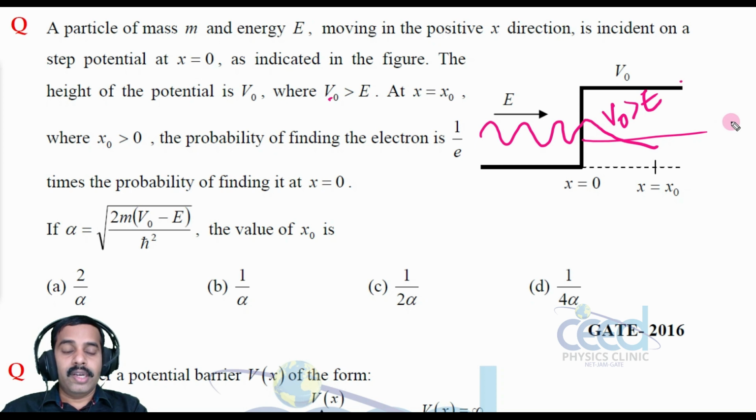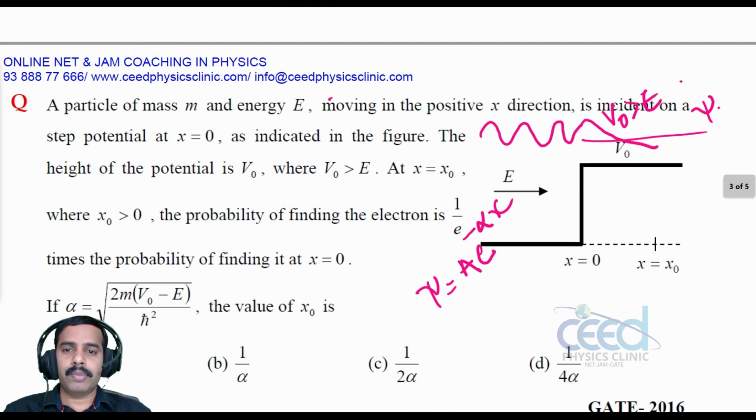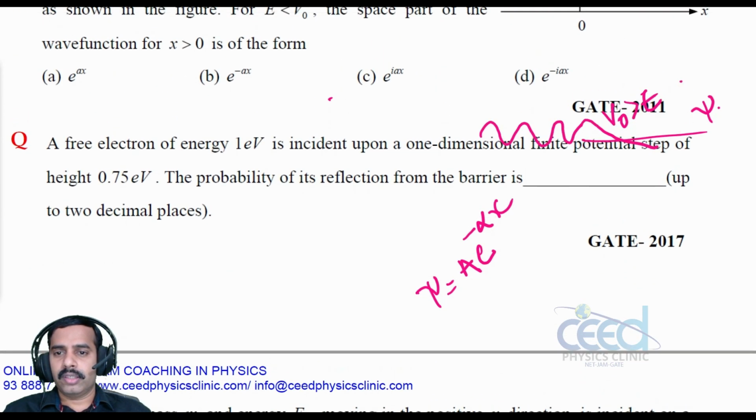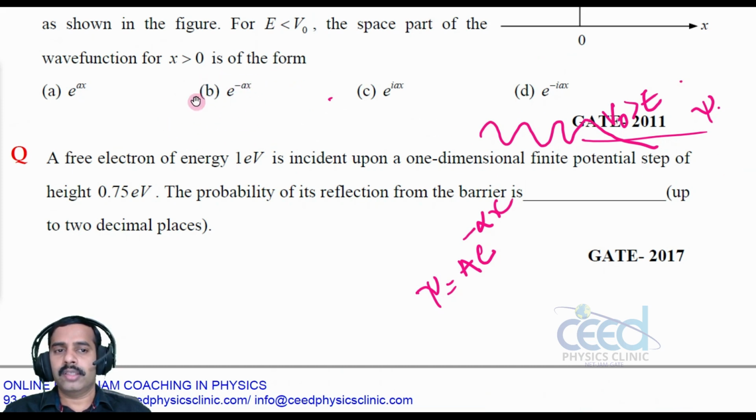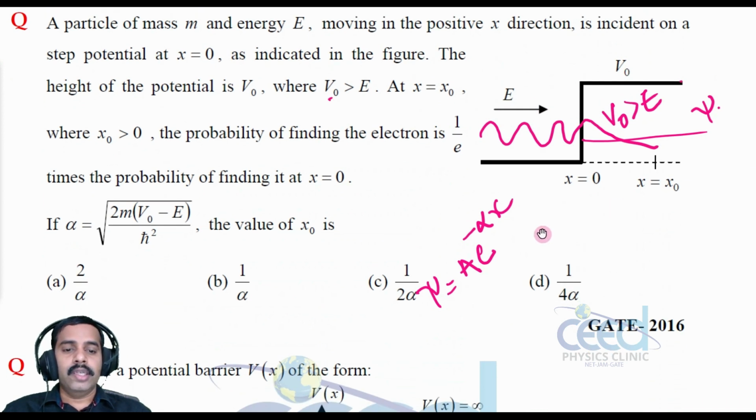Now the wave function in this region we have selected as psi equal to some constant A, you can select any constant, into e raised to minus alpha x. This is the right wave function, as we selected e raised to minus ax in the previous problem. Because the potential height is very high, I am choosing this as the wave function here.